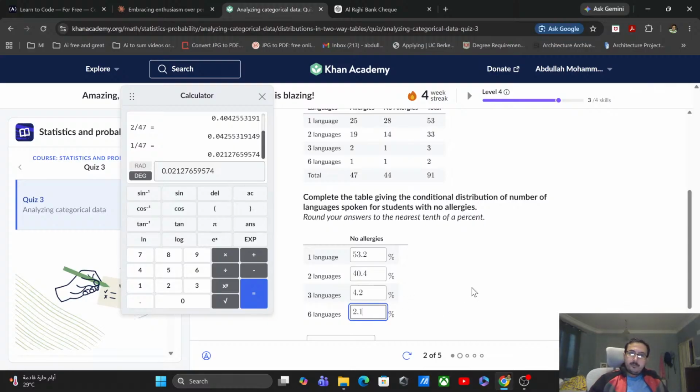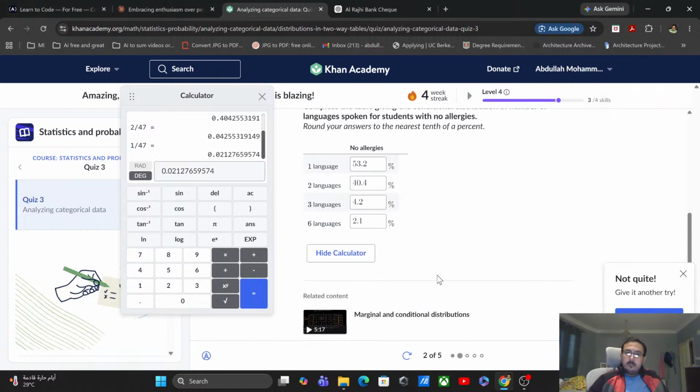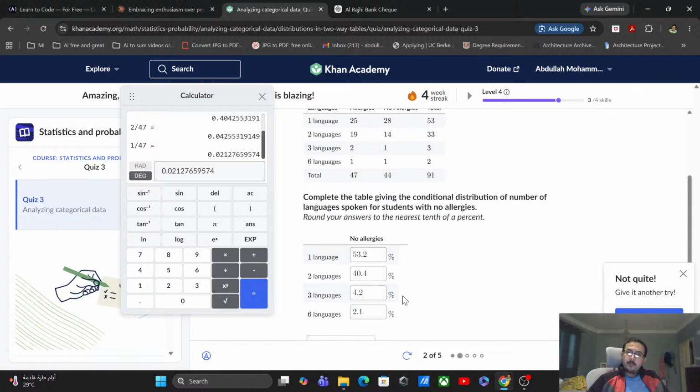Am I correct? Hopefully. What's going on? To the nearest tenth of a percent.